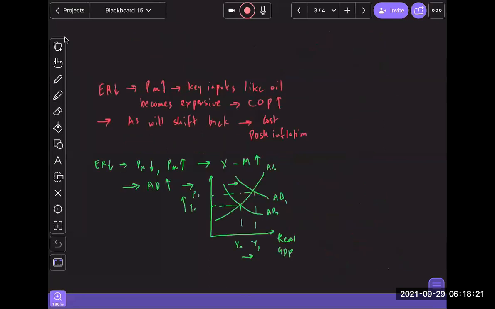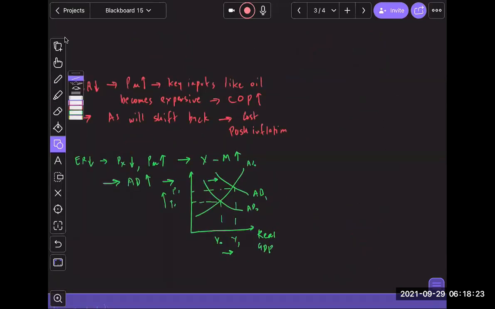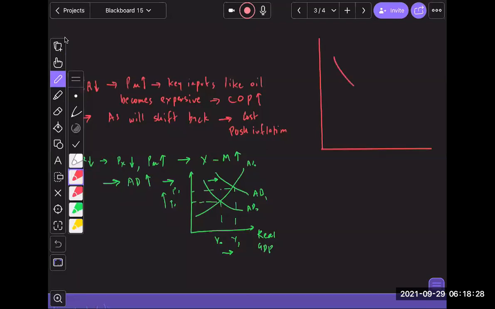Right? So you can talk about that also. And this can be seen through a shift of the supply curve backward.